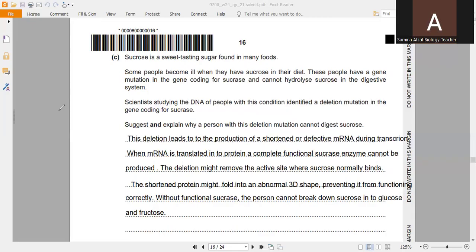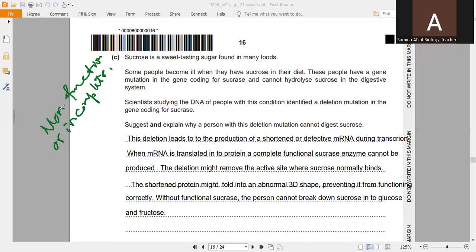The deletion mutation likely results in the production of a non-functional or incomplete sucrase enzyme. So it will not work properly. It will not effectively break down sucrose into simple components.